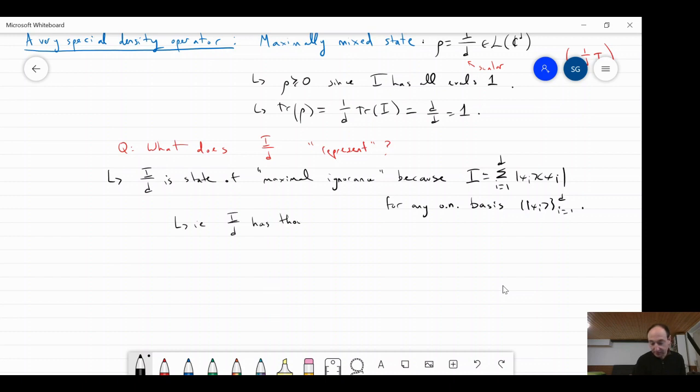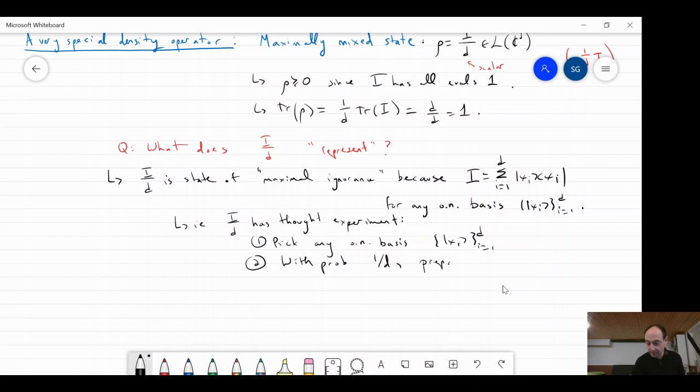Let's be slightly more formal. Pick any orthonormal basis, doesn't matter which one, psi i. With probability 1 over D, prepare psi i. That's what the identity represents.